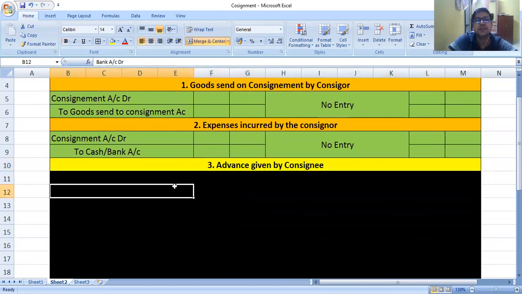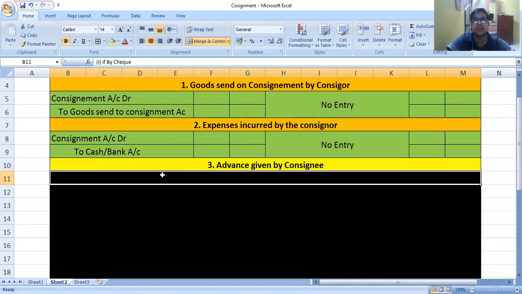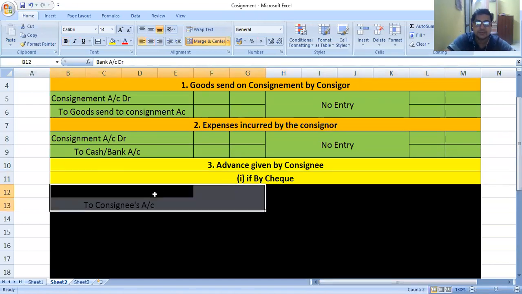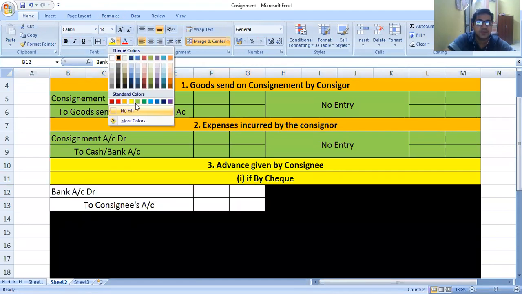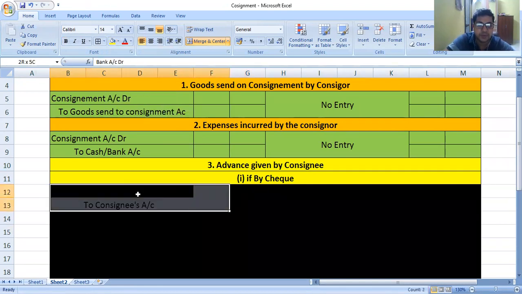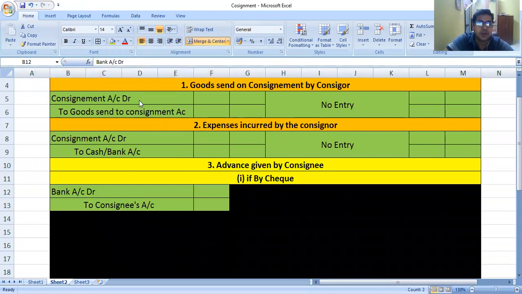If the advance is given by cheque, the entry will be bank account debit to consignee's account.